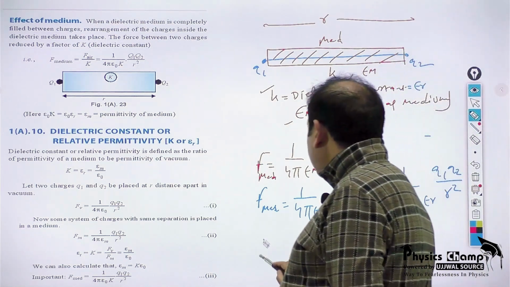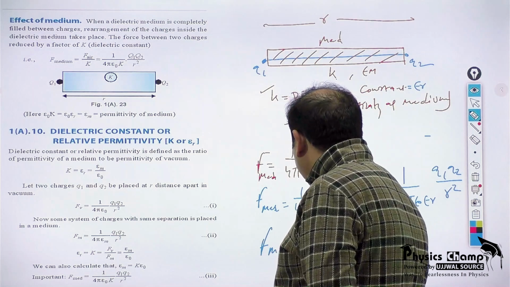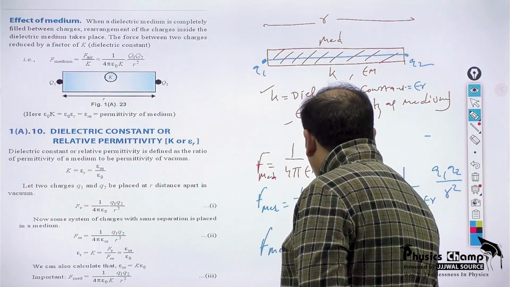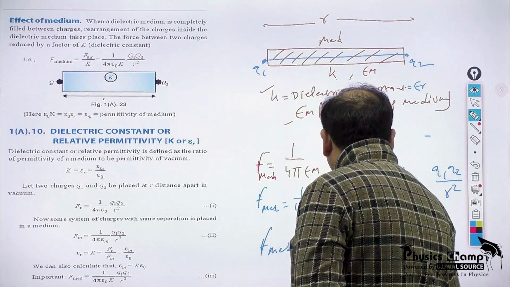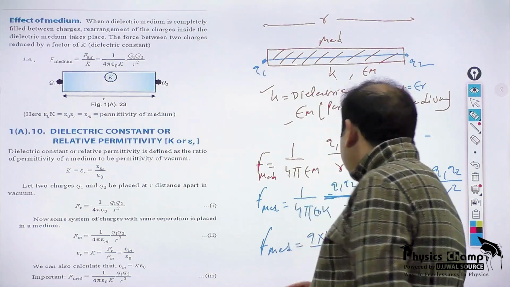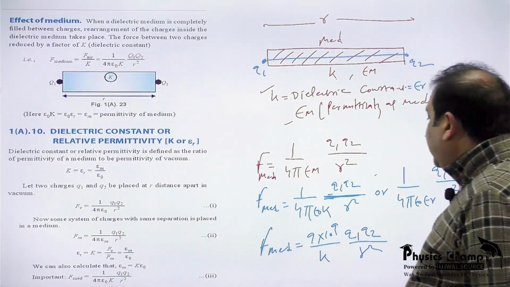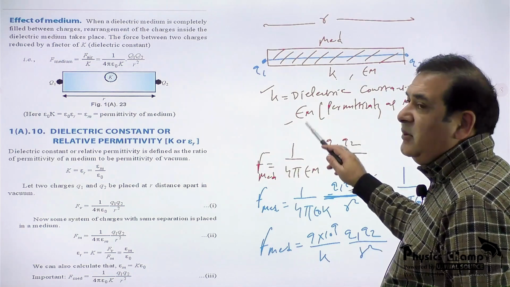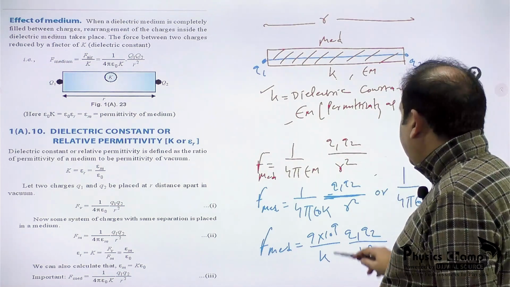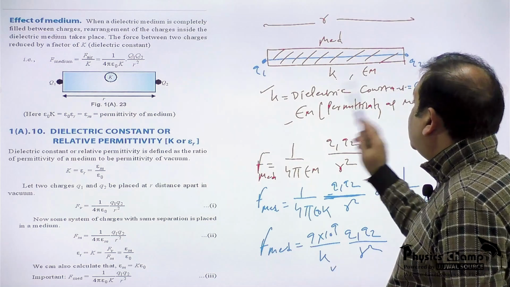And thus the force in the medium will be 9 into 10 to the power 9 divided by K into q1 q2 by r square. So that's how we can calculate the force between the two charges when a medium of dielectric constant K is introduced between them.